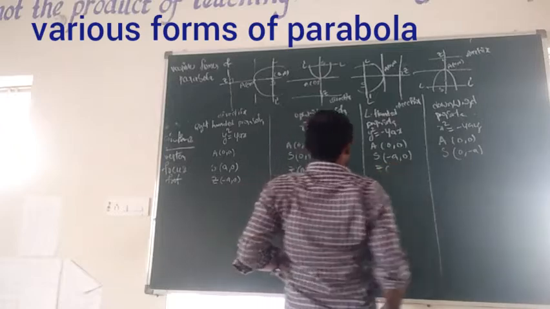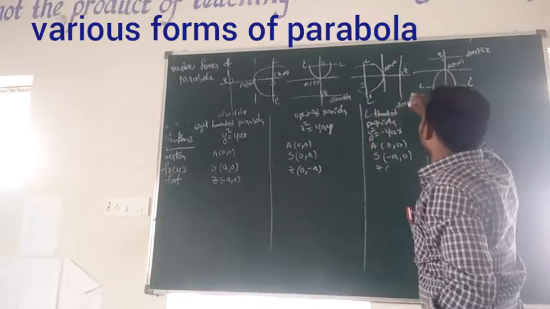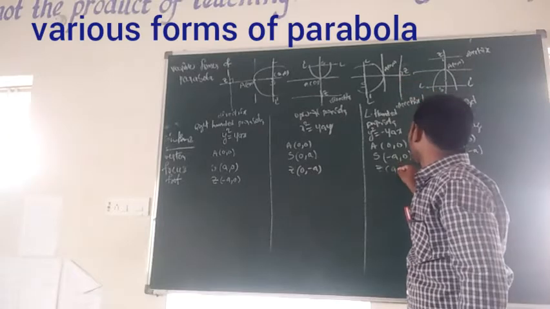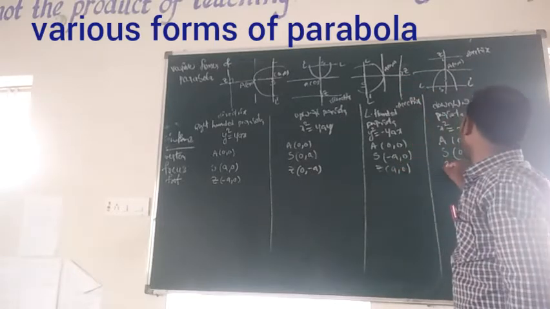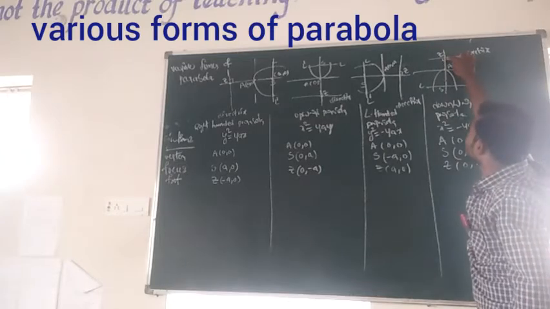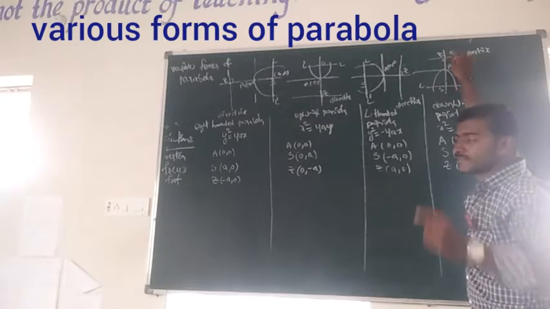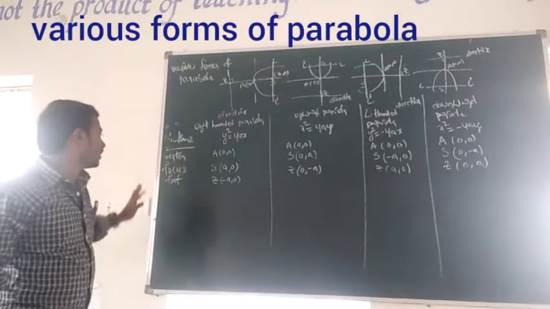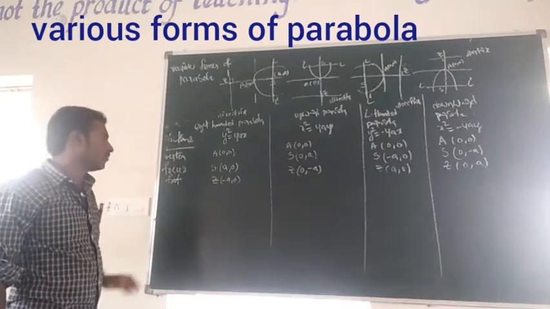And on the positive side of the z axis we may take a, 0, and here also 0, a. Why? Because the foot lies on the positive side of the y axis. Clear? Now we have the vertex, focus and foot.